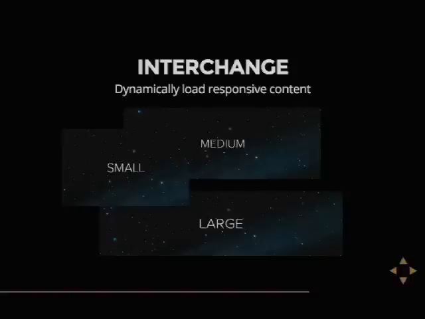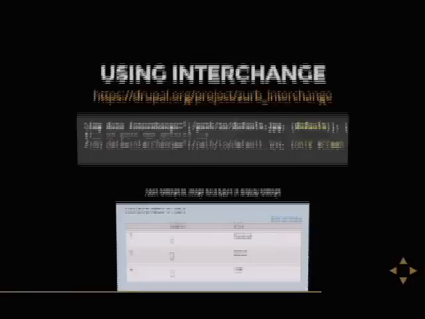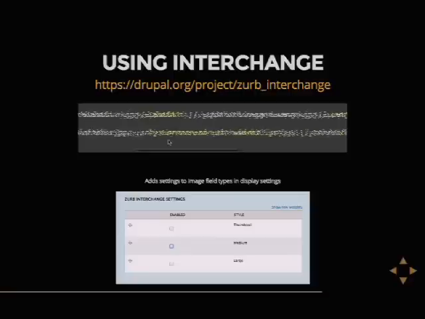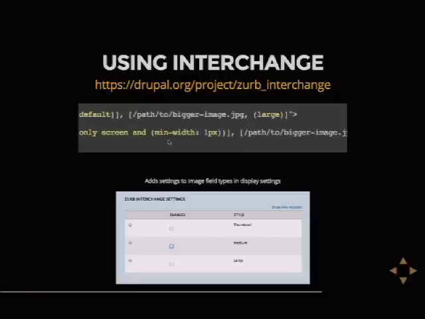So this is what that looks like. Instead of an image source, you're using this data attribute of data-interchange. And then if I scroll to the right here a little bit, that's where you're defining what grid you're calling it for.